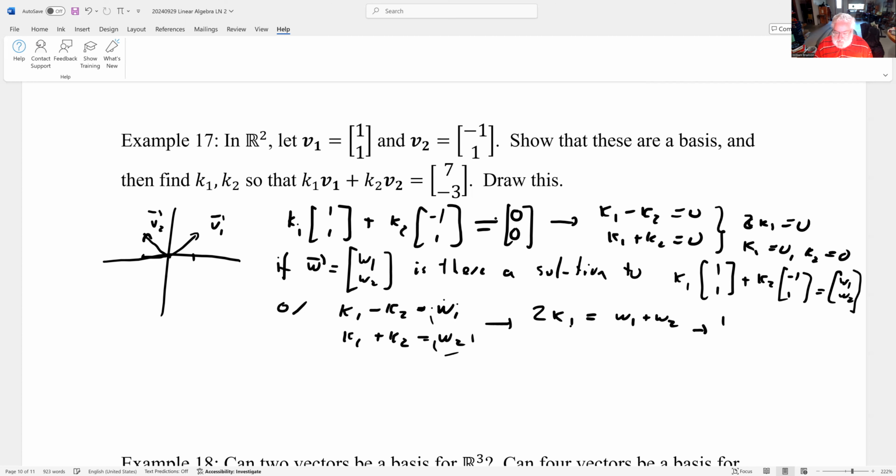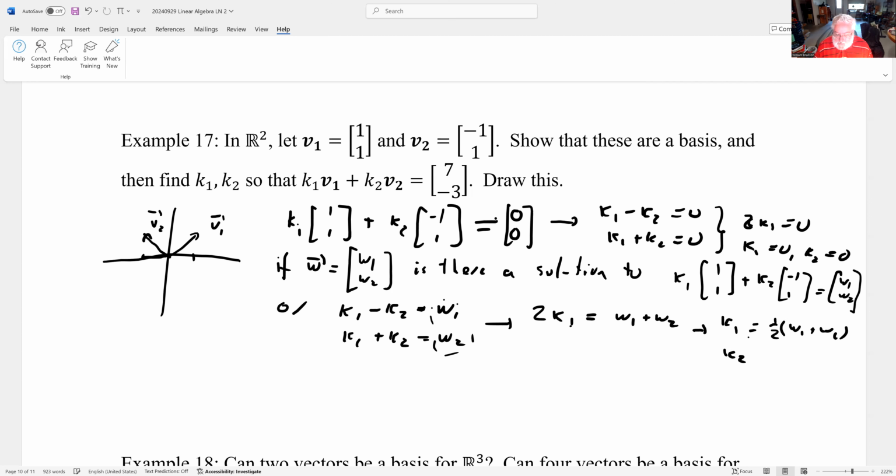And you actually get K1 equals, wait a minute, K1 equals 1/2 (W1 plus W2).